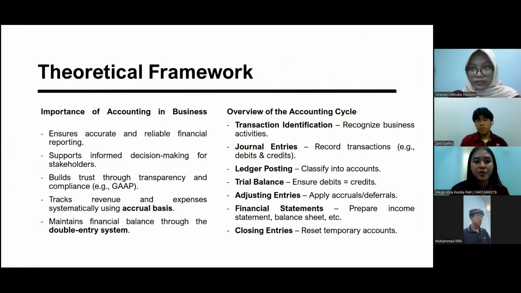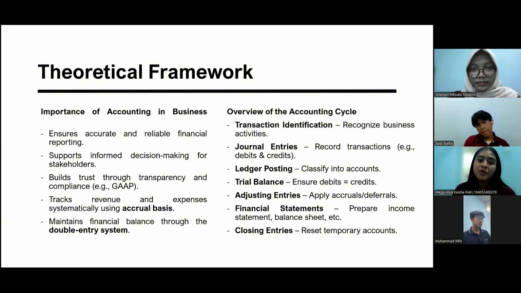Then using the accrual method, a business can track income and expenses systematically, even if the money hasn't come in or gone out. And to keep things balanced, a double entry system is used so every transaction is recorded twice, one debit and one credit, so that it continues to balance.